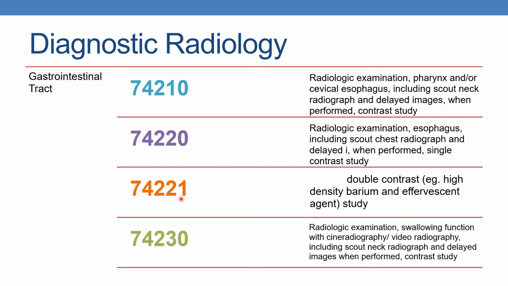The next is 74221, which is nothing but radiological examination, esophagus, including scout chest radiograph and delayed images when performed, double contrast, that is high density barium and effervescent agent study. The next is 74230, which is nothing but radiological examination, swallowing function and cineradiography or video radiography, including scout neck radiograph and delayed images when performed, contrast study.